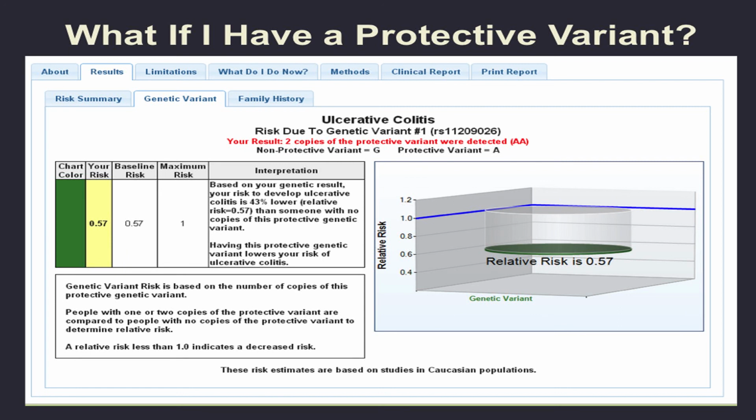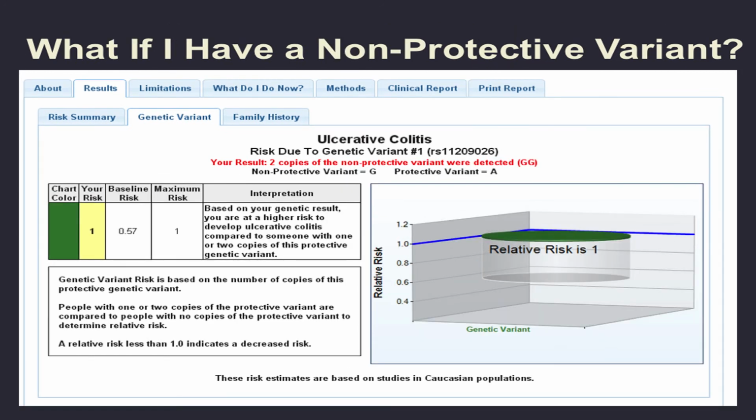Having 1 or 2 copies of a protective genetic variant decreases your risk of ulcerative colitis compared to individuals who have 2 copies of the non-protective genetic variant. Having 1 or 2 copies of a non-protective genetic variant increases your risk of ulcerative colitis compared to individuals who have 2 copies of the protective genetic variant.